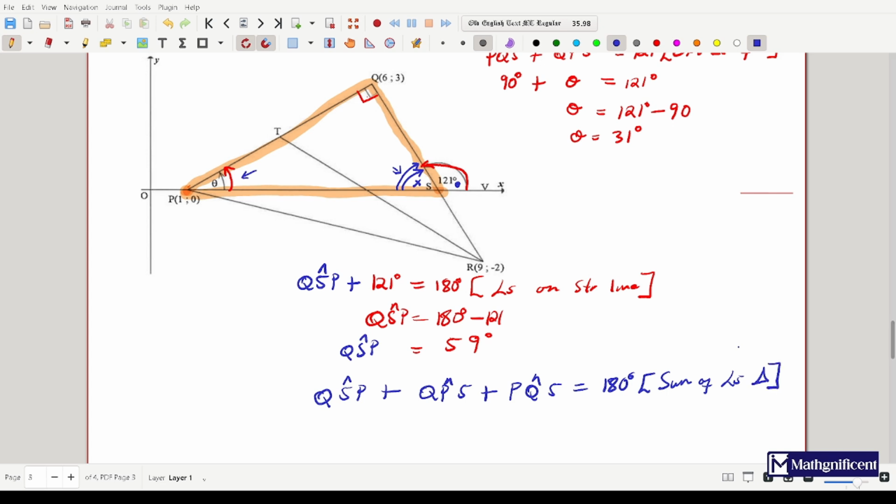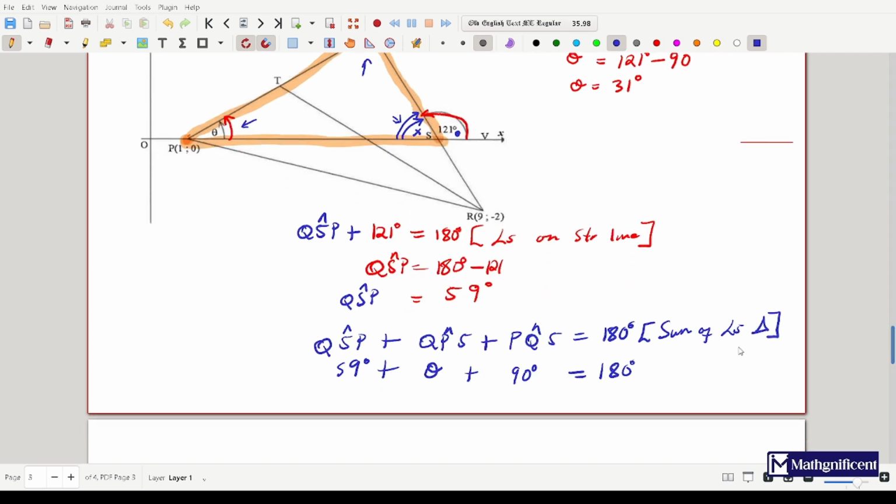QSP we have just said is equal to 59 degrees, while QPS is theta, and then PQS, let's look at PQS. It is this angle here, which is equal to 90 degrees, and from these we know that this is 180 degrees.